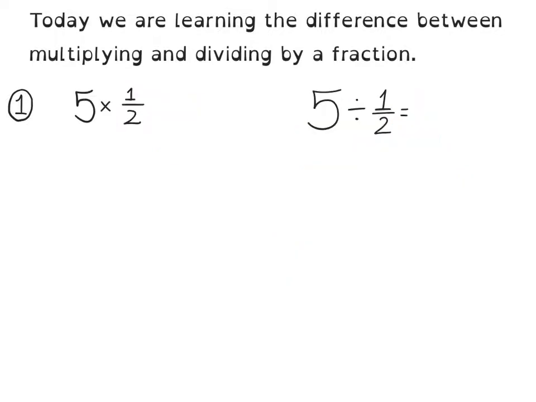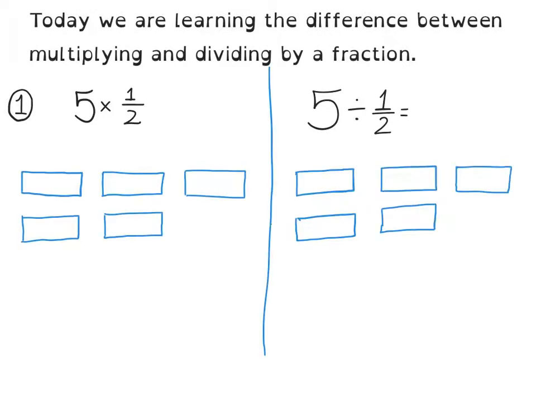All right, here is our next problem. We have 5 times 1/2, and we're seeing how it's different from 5 divided by 1/2. So we're going to start off with our 5 wholes on each side. So pause the video, draw your 5 wholes. Now, when I multiply, I'm saying 1/2 of 5.